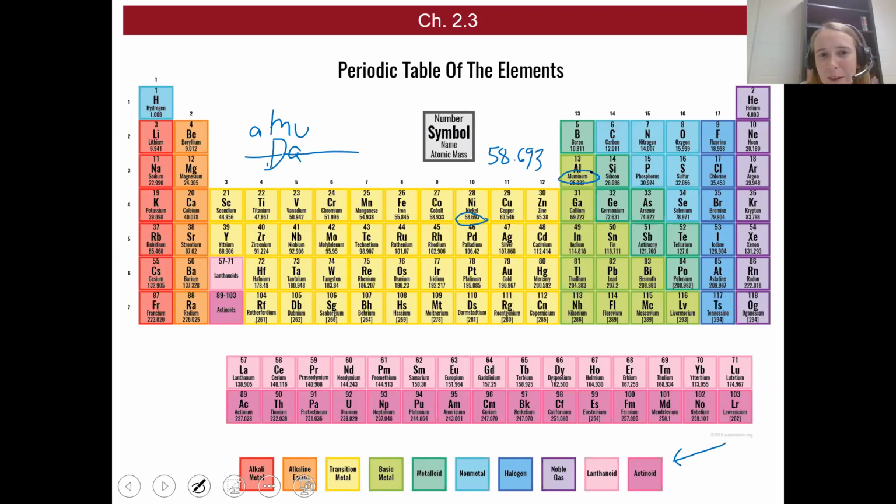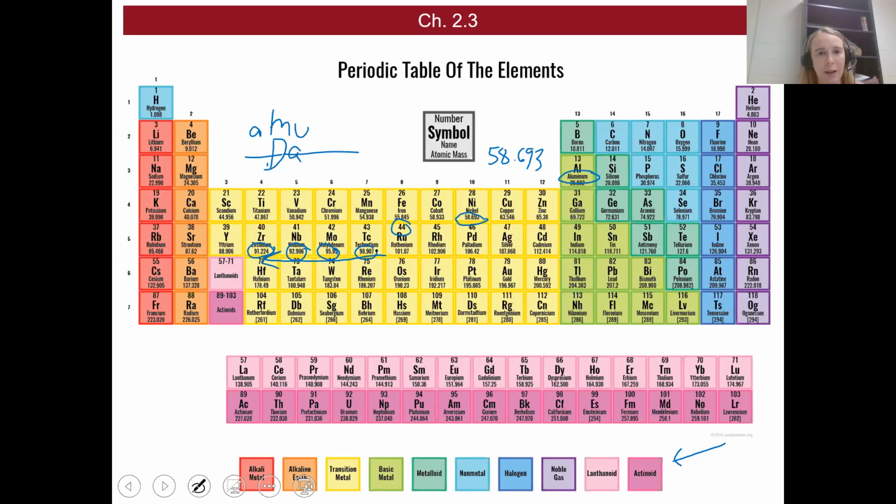Atomic number less than 44 that weighs more than 90 grams per mole, or 90 atomic mass units. So less than 44, so it's to the left of ruthenium, and then we look at the mass. So the mass is that bottom number. And all of those are greater than 90. So those are your answers.